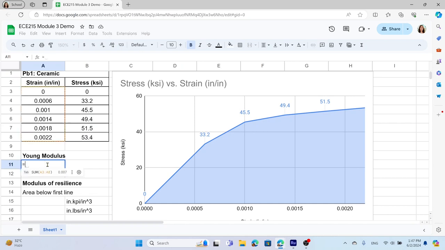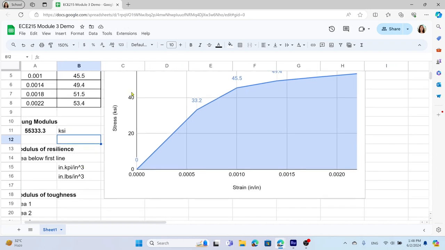So the delta y will be 32.2 minus 0, so 32.2, divided by the delta x, that is 0.0006. Enter. So this is your Young's modulus, and this is in KSI. So we found 55,000 KSI is the Young's modulus of the ceramic.